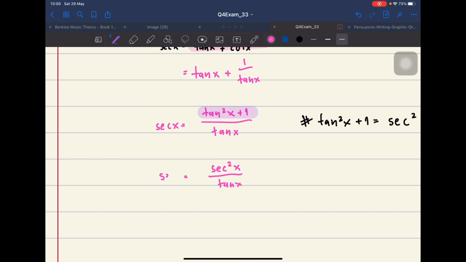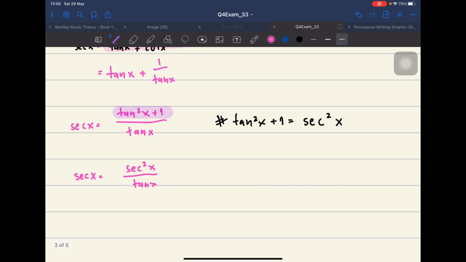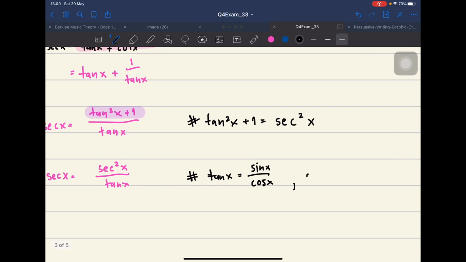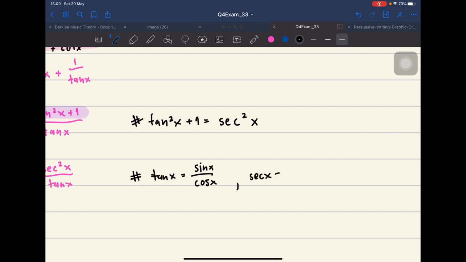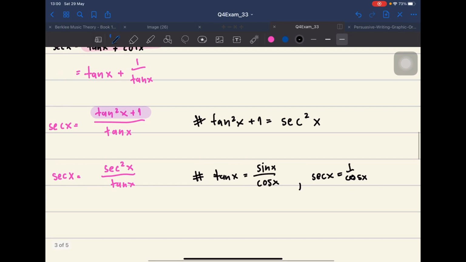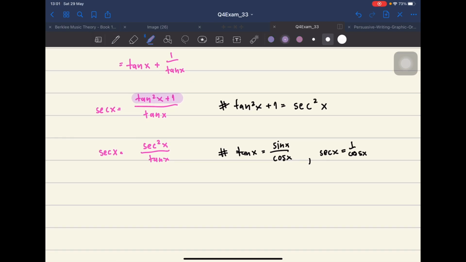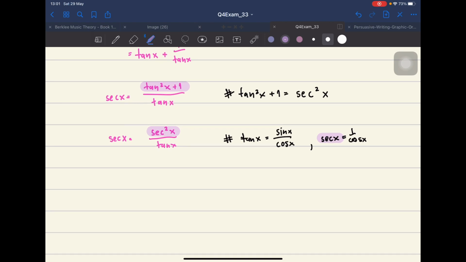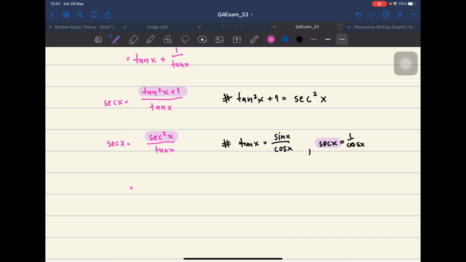So for this step, I would like to change it together because tan x equals sine x over cos x, and sec x is equal to 1 over cos x. For this one, sec to the power of 2, wait, I'll write it: 1 over cos to the power of 2x over sine x over cos x right here.